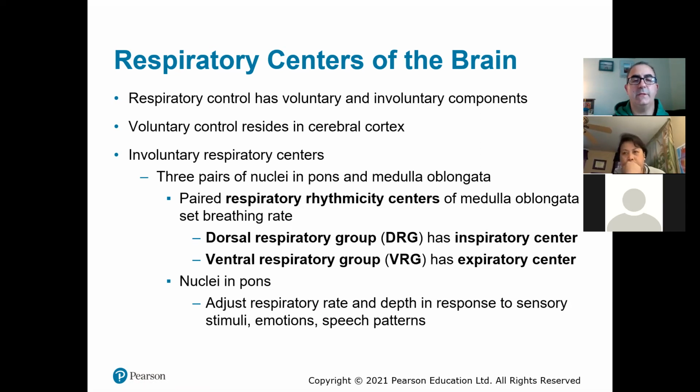But the involuntary respiration centers consist of a few things. They consist of centers in the pons and in the medulla oblongata. And so there are these rhythmicity centers in the medulla oblongata that set our breathing rate. And then the pons actually adjusts that respiratory rate and how deep we breathe, so how fast and how deep we breathe, based on different sensory stimuli, emotions, and speech patterns.